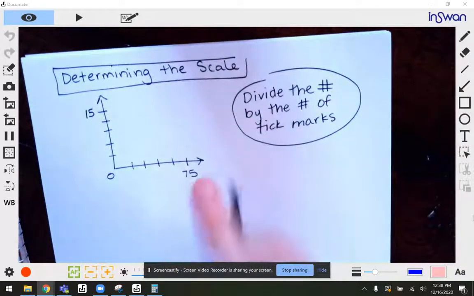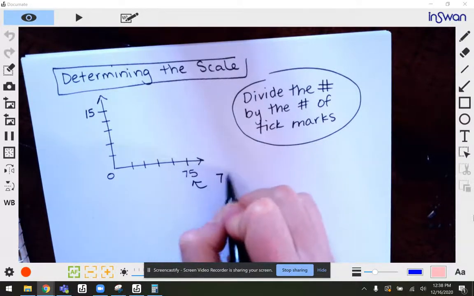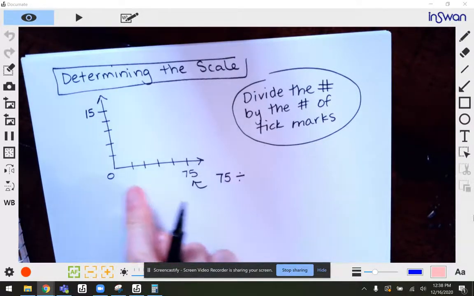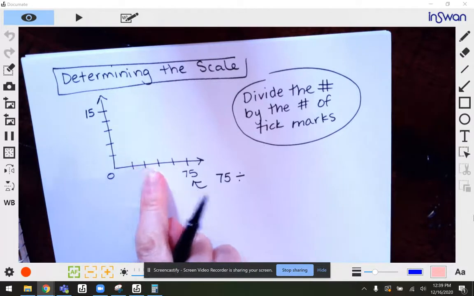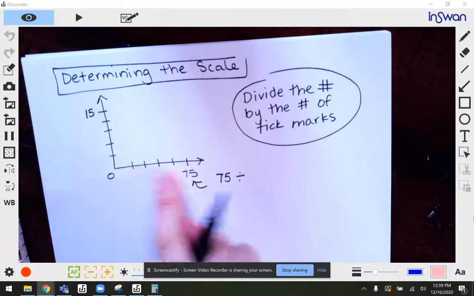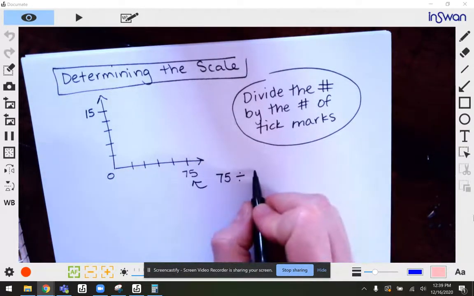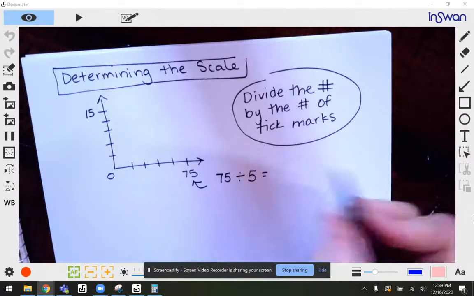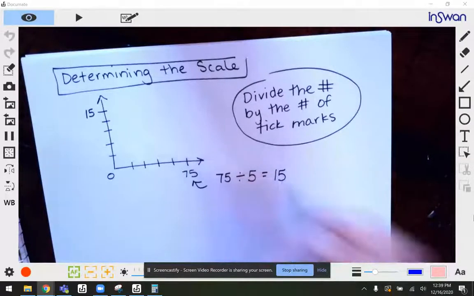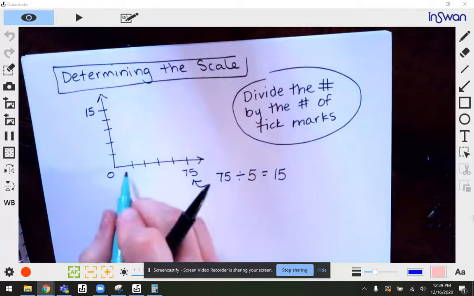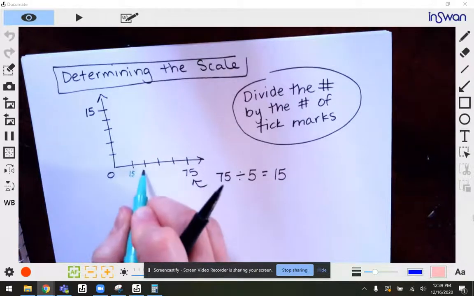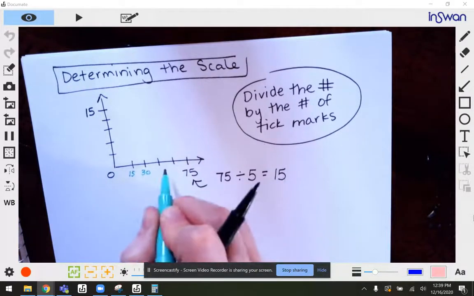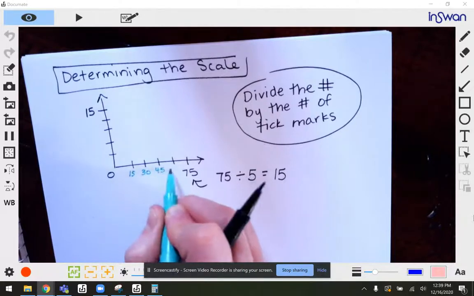So for this one, you would say 75 divided by, and let's count, we've got 1, 2, 3, 4, 5 spaces that it's being divided over. So 75 divided by 5 is 15. So that means these units are in 15s. So 15, 30, 45, 60.